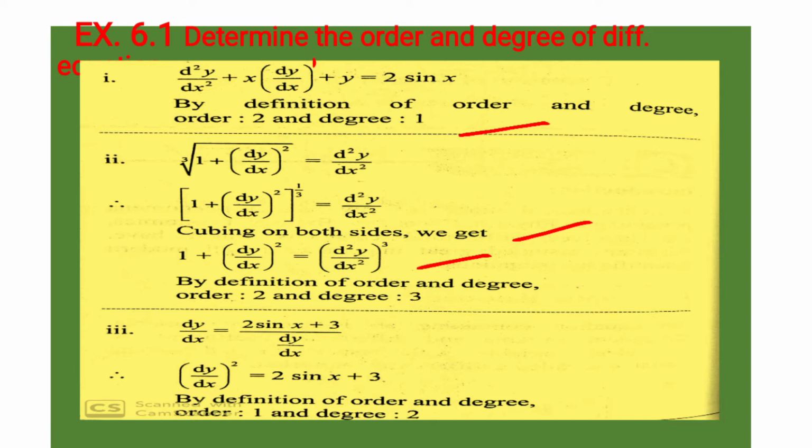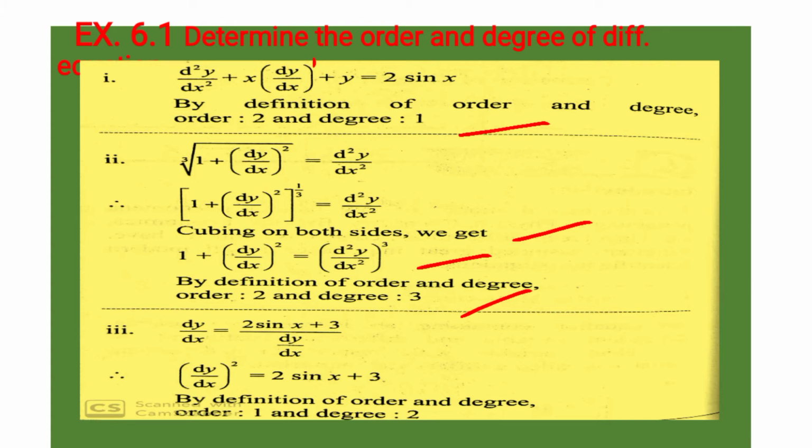So now on the left hand side, dy upon dx, power of d is 1, and on the right side power of d is 2. So by definition of order and degree, the order is 2. Now d2y upon dx square has power 3, so degree is 3.